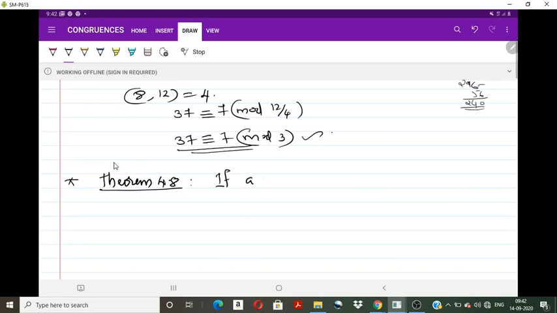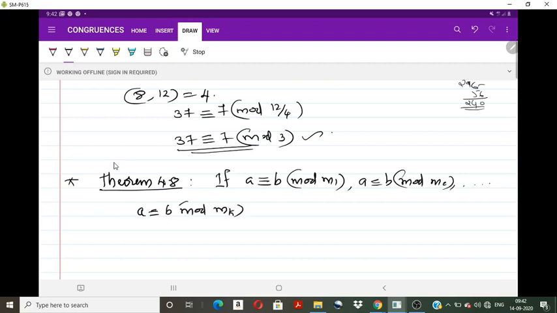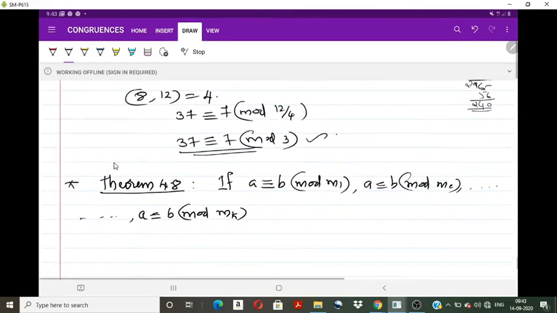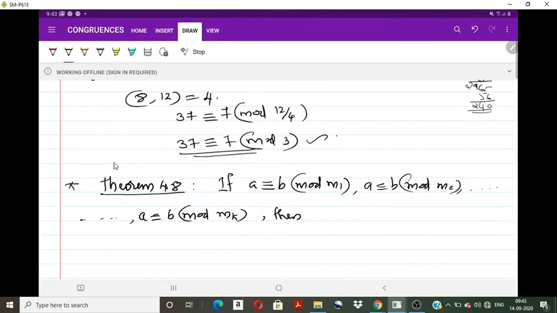The statement is like this: if A is congruent to B modulo M1 and A congruent to B modulo M2, etc., A is congruent to B modulo Mk, then A is congruent to B modulo the LCM of M1, M2, etc., Mk.